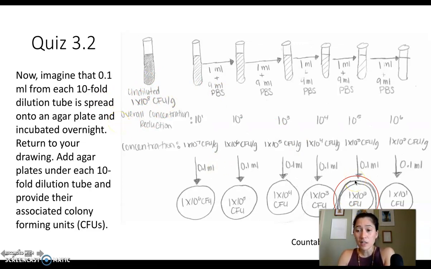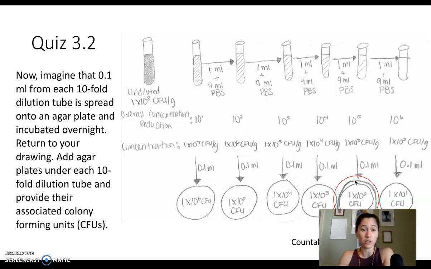The reason is we are specifically looking for that countable plate because if there are too many colonies, too numerous to count, or too few to count, we don't really trust that number of CFUs. So we don't want to use that for calculations because it might not be accurate.